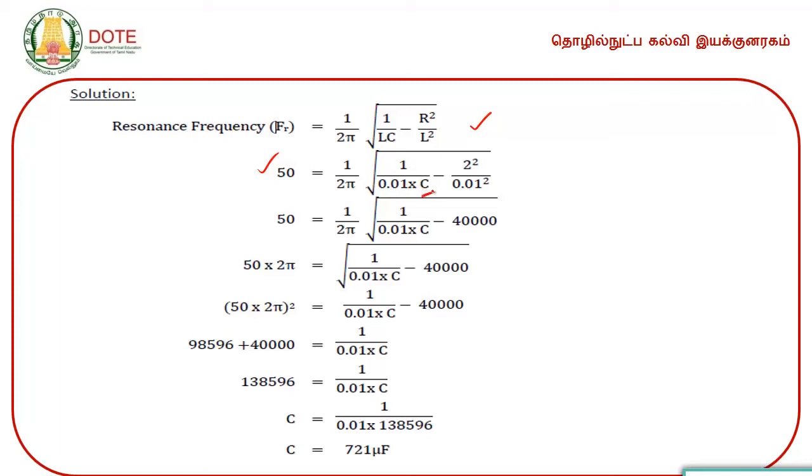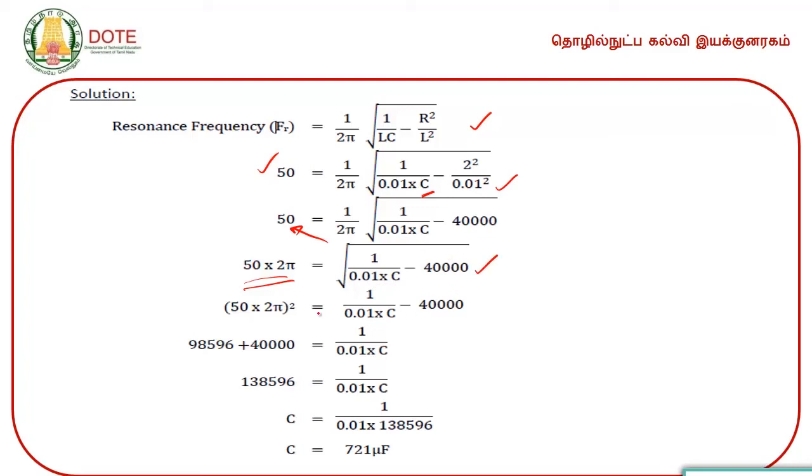C value is not known, R value is 2 ohms and L value is 0.01 square. Simplifying, we are bringing this 2 pi over to the left hand side. So, which is 50 into 2 pi, this is square root of 1 by 0.01 C minus 40,000.